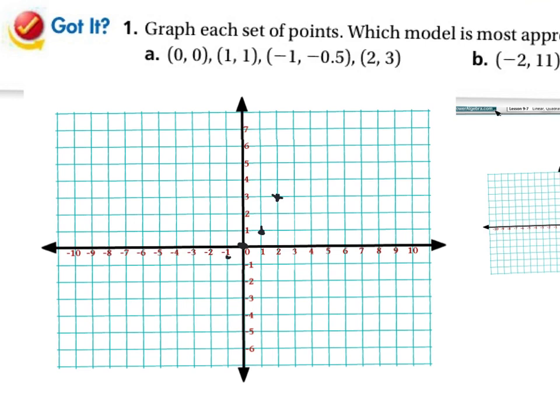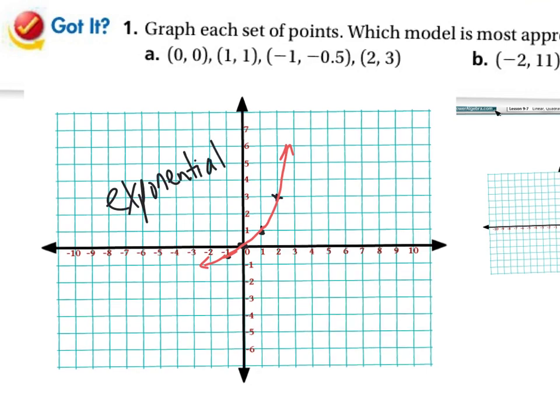So at first it kind of looks like they almost line up with each other, but with that last point, for sure they don't. And so this is going to be exponential for part A.